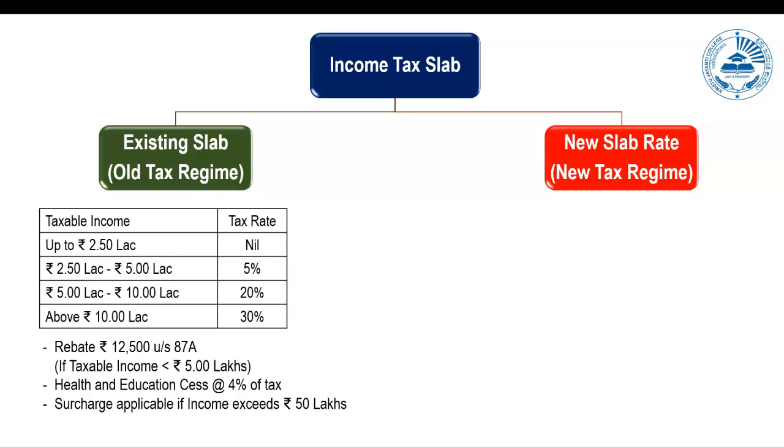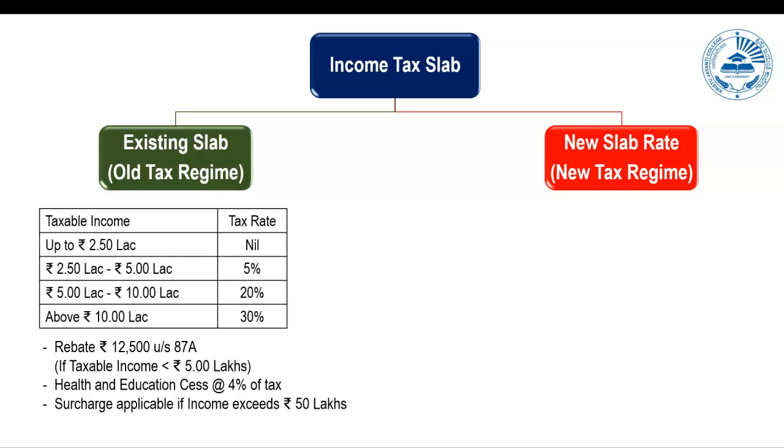In case anything is left over beyond this 12,500, then it will be charged for cess. That is, any tax beyond 12,500, if it is left over, at the rate of 4% will be charged as health and education cess.